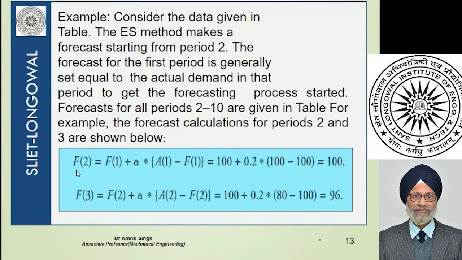Suppose we have to calculate the forecast for the second month: the forecast for T minus 1 plus A, that is alpha, times the actual demand minus the forecast for the first month. Here it is 100, plus 0.2 times 100 minus 100, so it is 100. Similarly for the third period, the forecast for the second period plus A times the actual demand of period 2 minus F2. So it is 100 for the second period, plus 0.2 times 80 minus 100. So it is 96.